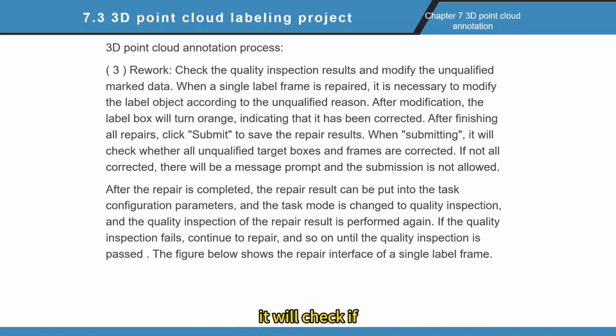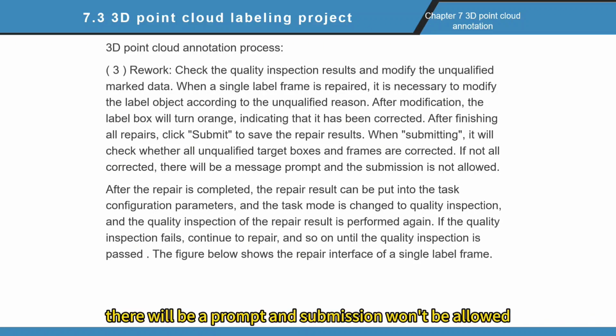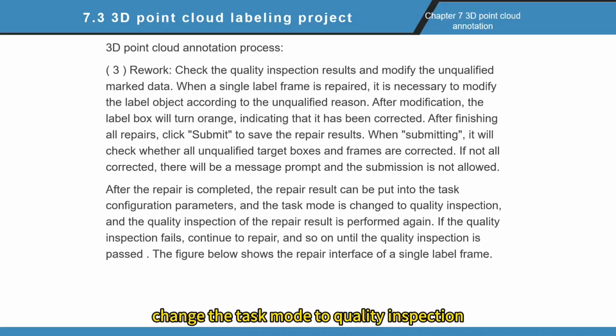When submitting, it will check if all unqualified target boxes and frames are corrected. If not, there will be a prompt and submission won't be allowed. After repair, put the result into task configuration parameters, change the task mode to quality inspection and inspect again. If it fails, keep repairing until it passes.